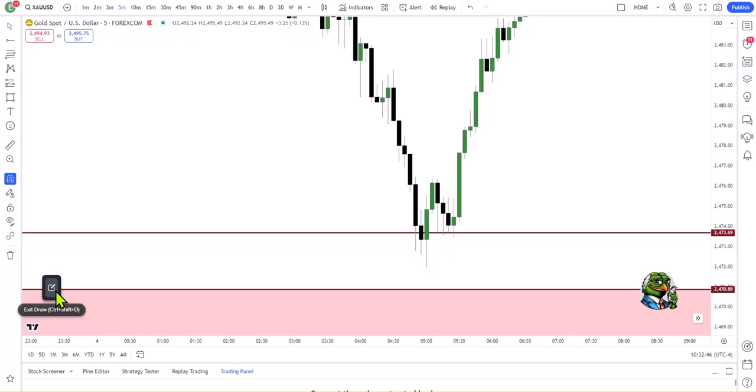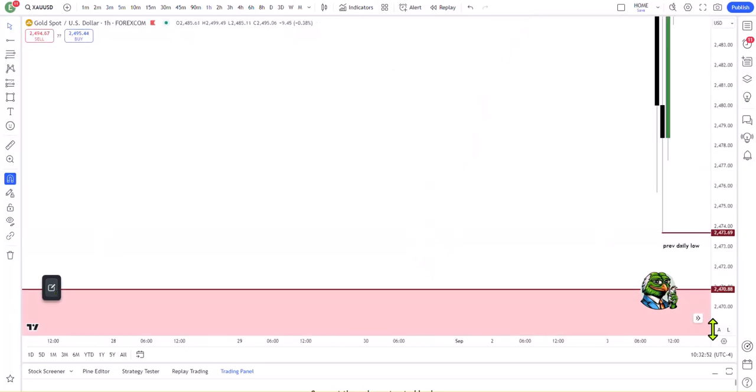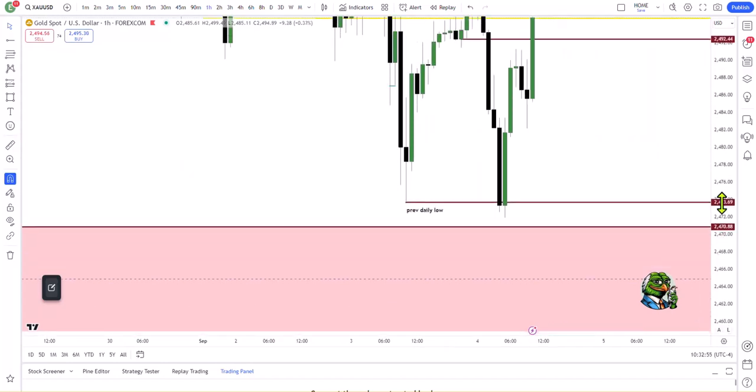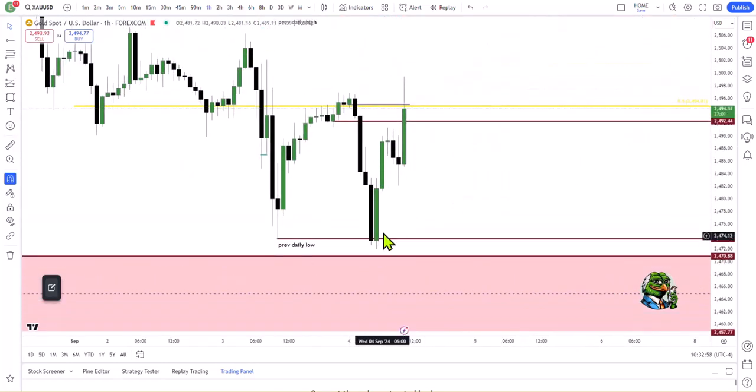So your job is to study this. Let's have a look at this on an hourly chart. On the hourly chart, you can see this is that movement down at 9 a.m., between 9 a.m. and 10 a.m., where that news announcement is, coming back into the bullish order block and fair value gap. So when we're bullish, we've taken out the low of the previous day, we have taken out the low of the current week.